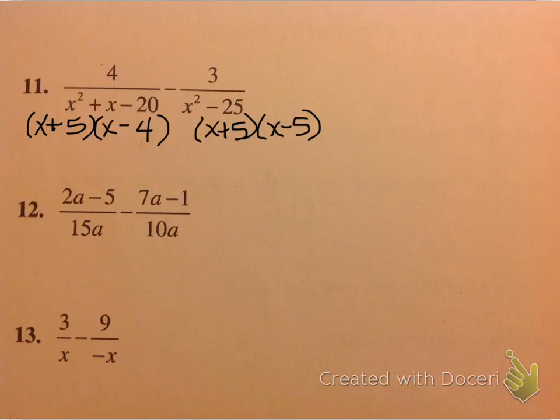So when you look at this problem, our least common denominator has to be, well, they both have the x plus 5. And then we need to throw in an x minus 4 and an x minus 5.